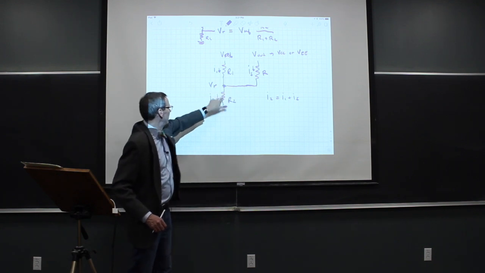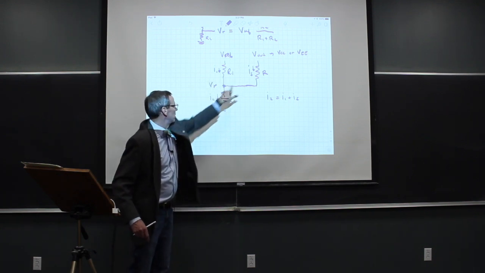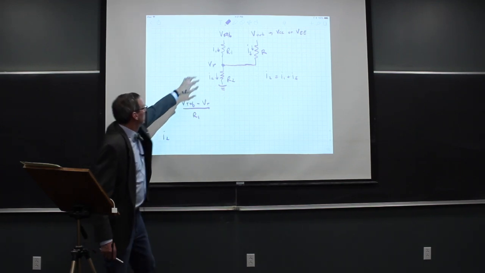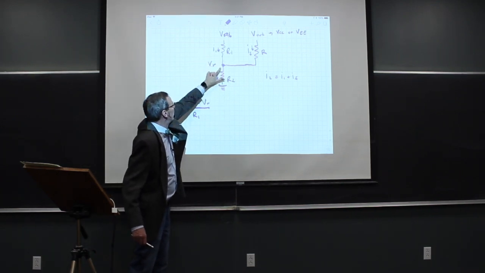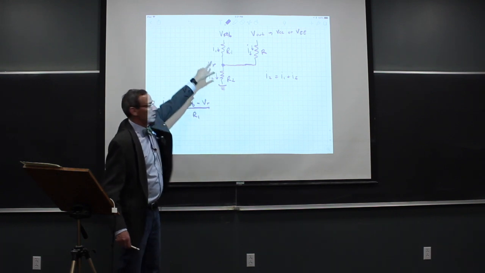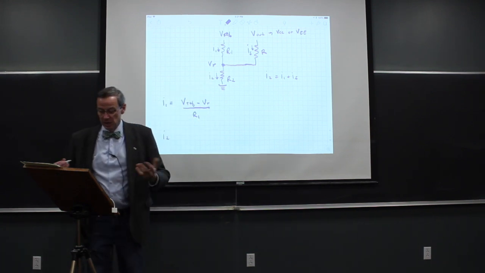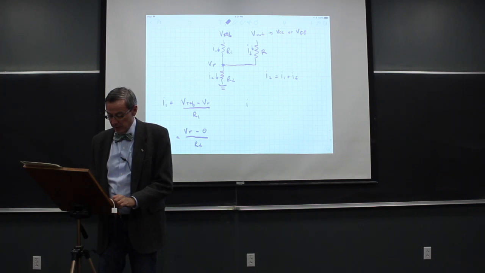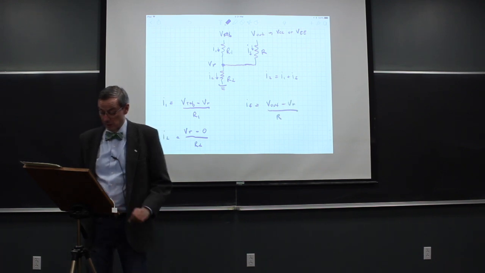These two currents come in, they all have to go out there, so this one plus this one has to be this one. The current I1 is just the voltage difference here, Vref minus VR, divided by the resistance R1. I2, we can do similar, it's VR minus 0 over R2, and IF is going to be Vout minus VR over RF.